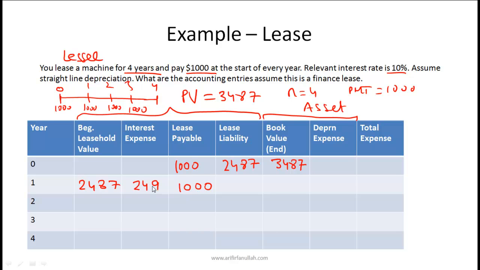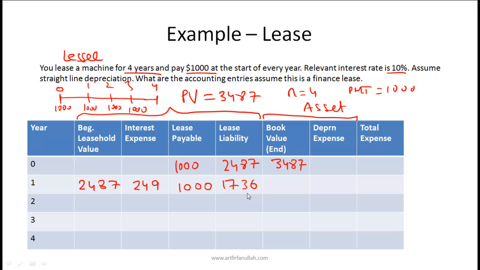So 1000 minus 249 will give us 751. 2487 minus 751 gives us 1736. So that's the value of the lease liability at the end of year 1. And let's just finish the liability side first, and then we'll do the asset side after that.